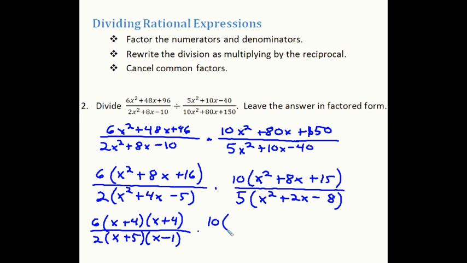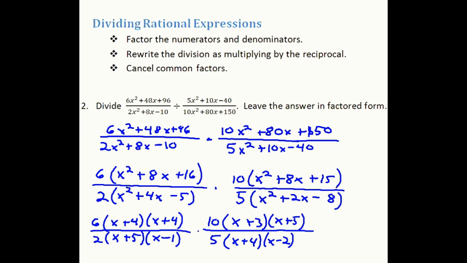Factoring here, we have x plus 3 times x plus 5, and then factoring that, we have an x plus 4 times an x minus 2.